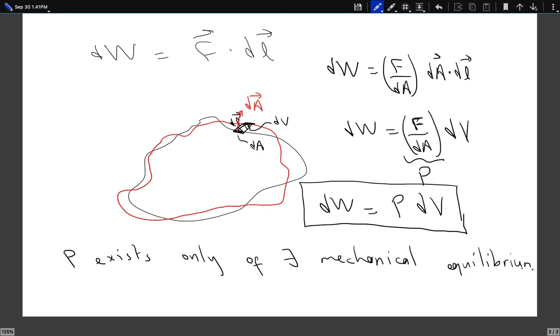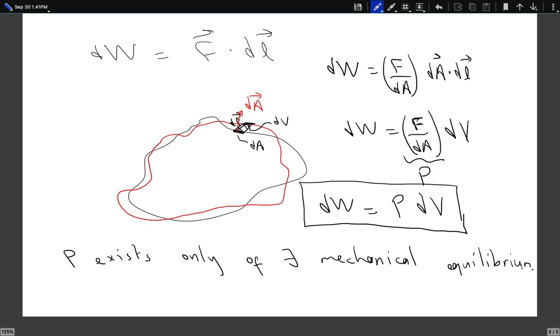Of course, if you have more complicated systems that are not in mechanical equilibrium, you can still talk about, for example, quasi-mechanical equilibrium. There is not a pressure of the system, but if you look at very small parts of the system, you can treat each small part as if it is in equilibrium and define the pressure locally.